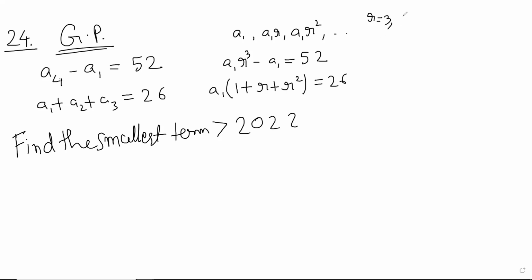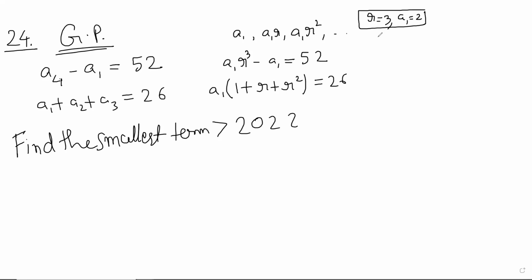Then A will be 2, right? Let's see if Aparna is getting that. Maybe Ishana, you can tell how you have found R.